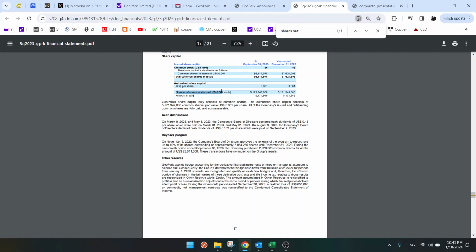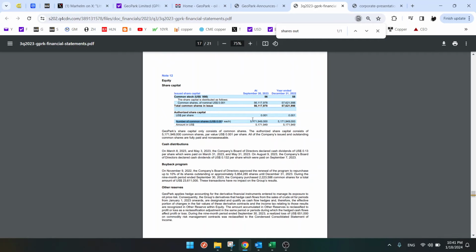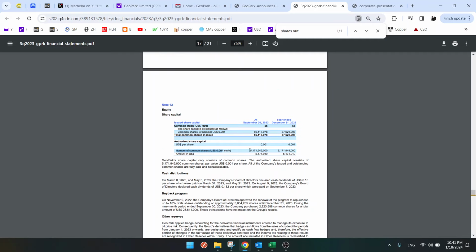Oh, number of common shares. 5 billion shares. 5 billion doesn't make any sense. Because here it says repurchase 10% of its shares outstanding, which is 5 million. How can it be 5 billion then?